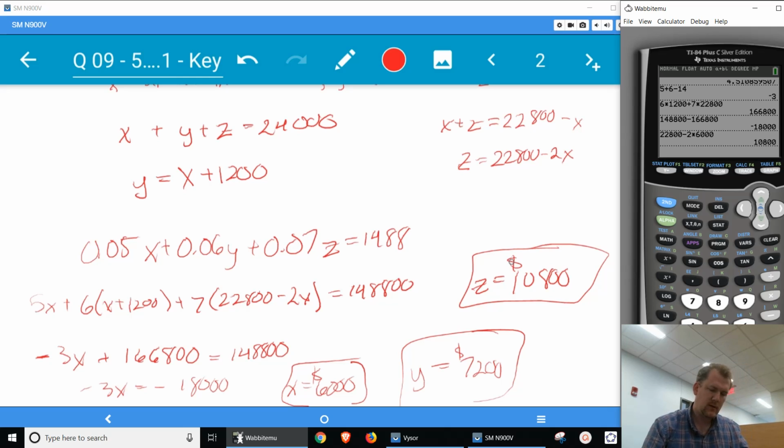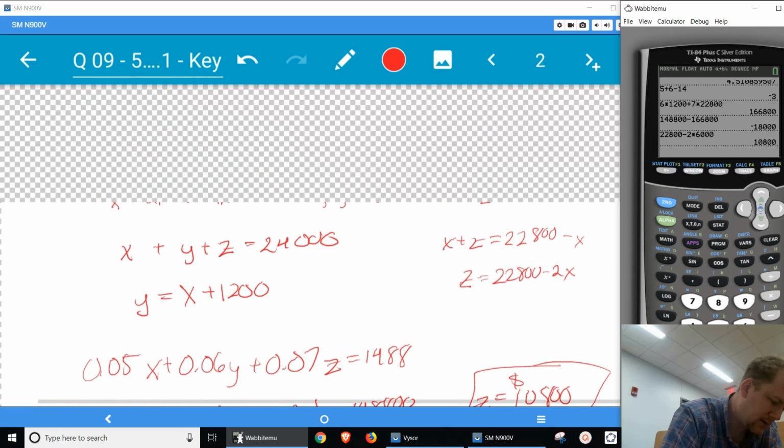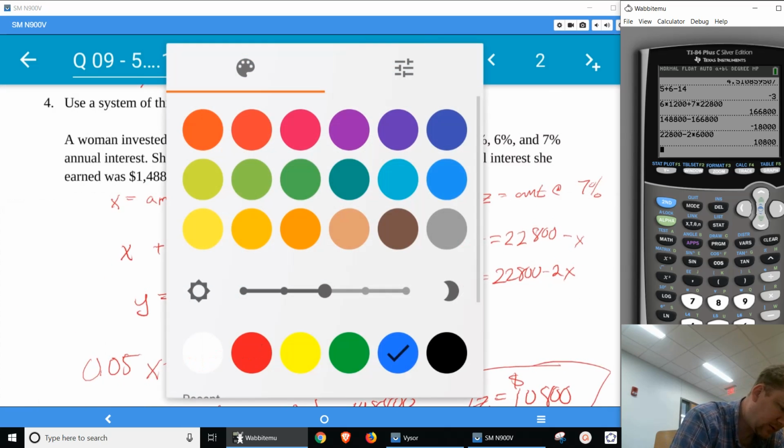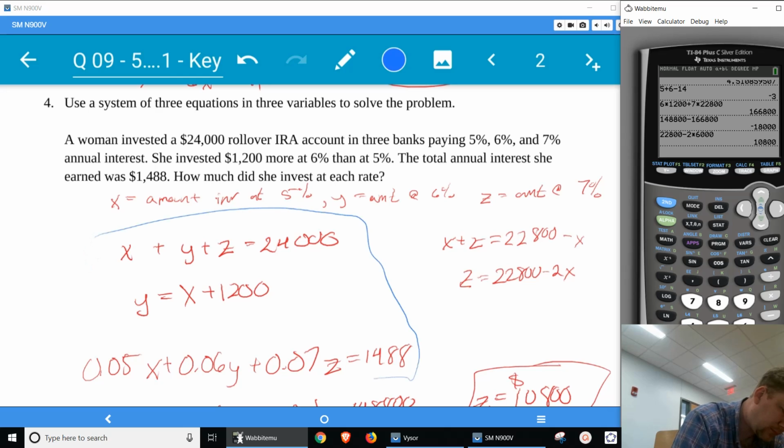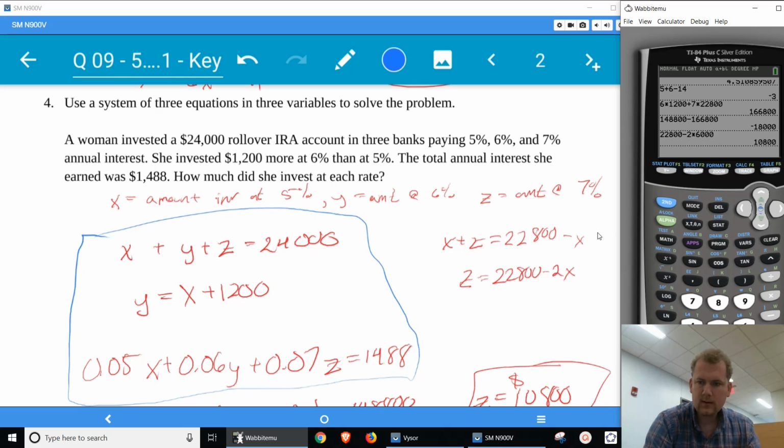Okay. Now there's an easier way to do it in the calculator, as long as you can set this up. Let's just look at our original system here. There's a way to do it with a matrix. So if you go in here to matrix, what we need is a number.